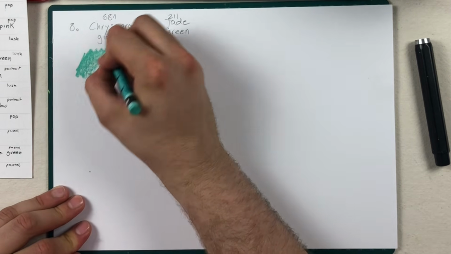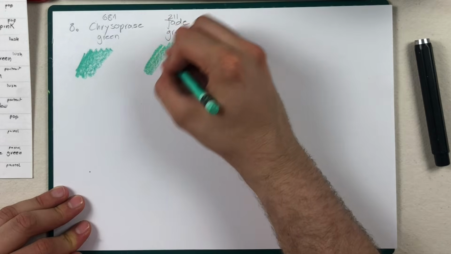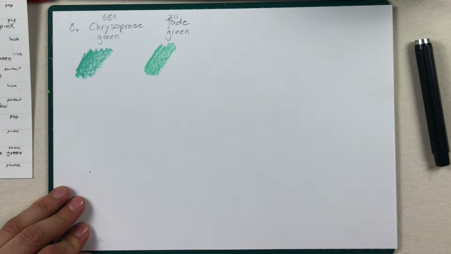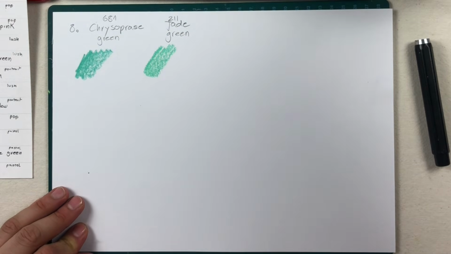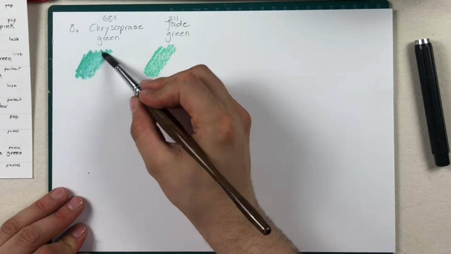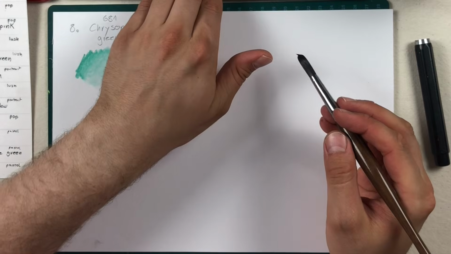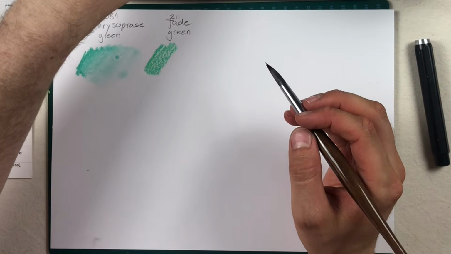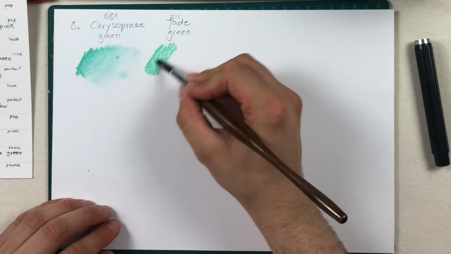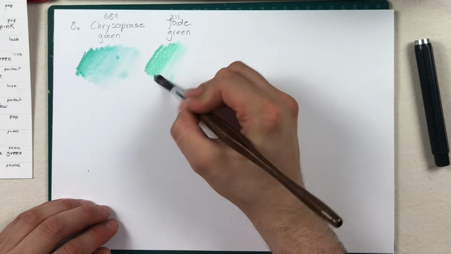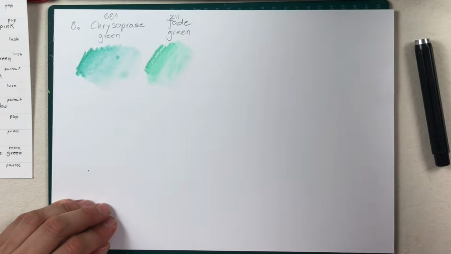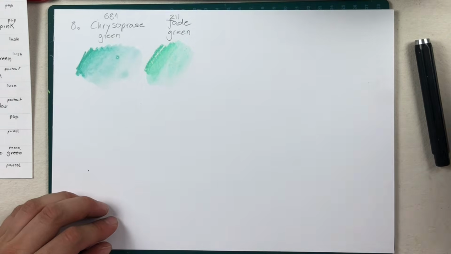Let's go. They are very similar. Chrysoprase Green is a bit more bluish and also a bit less saturated as I see it. And Jade Green is maybe a little bit more yellowish and a bit more saturated.